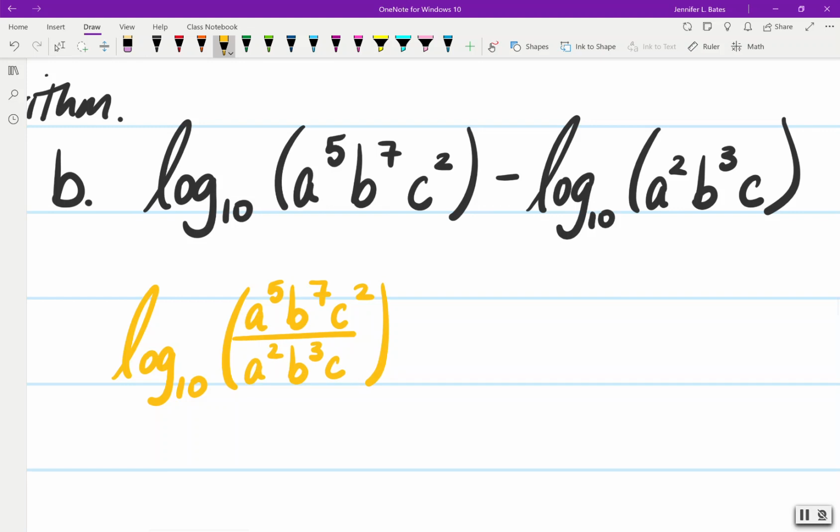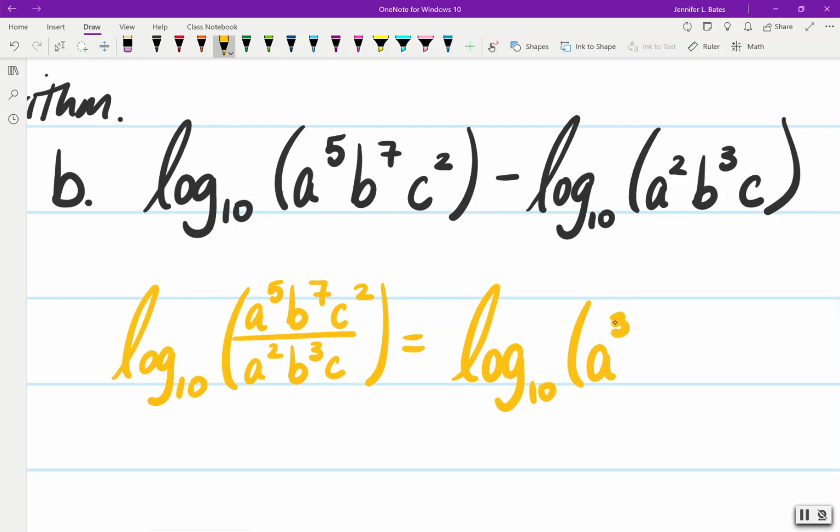Is my answer simplified? Give me a head nod. Is my answer simplified? No. I need to go ahead and simplify what we've got in parentheses, so I know that this is going to become log base 10. And then I know from my exponent rules that if I have a to the fifth over a to the second, I'm going to say 5 minus 2 is 3.